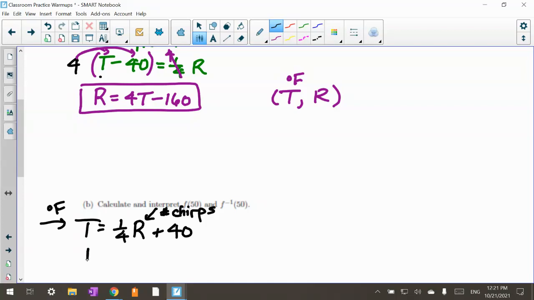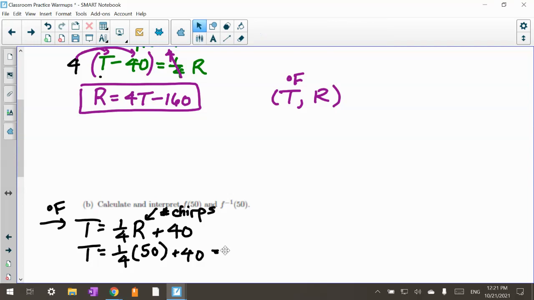So I'm going to do T equals 1/4 times 50 plus 40. And when I do that, 1/4 of 50 is 12.5 plus 40. Let's make sure: 50 divided by 4 is 12.5, plus 40 is 52.5, not 60.